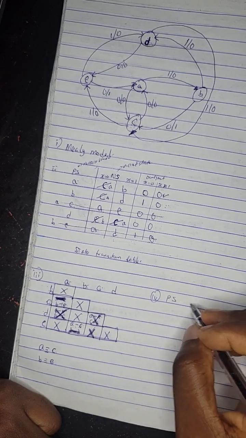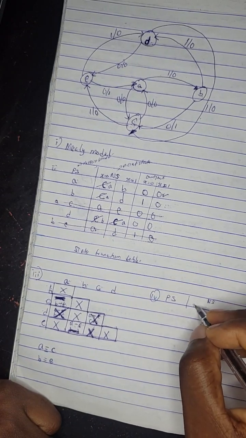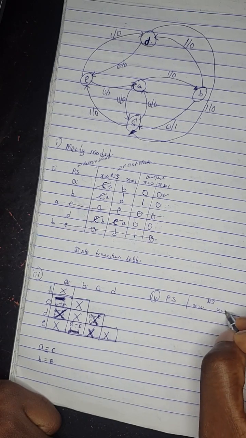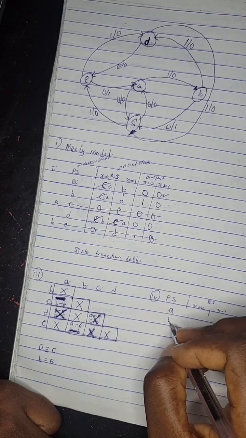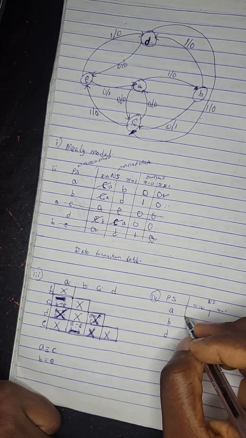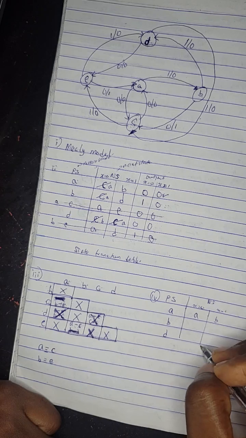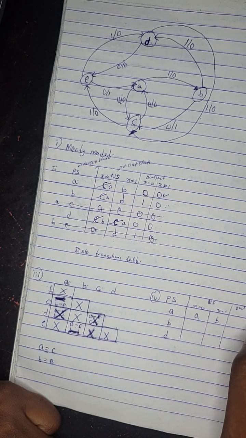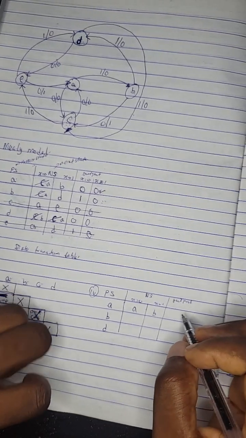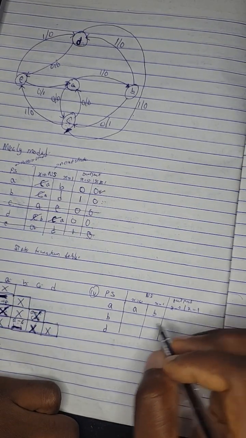We have present state, the next state x equals 0, x equals 1. We have A, B, and D, and that's going to be A, B. We have outputs of x equals 0, x equals 1.